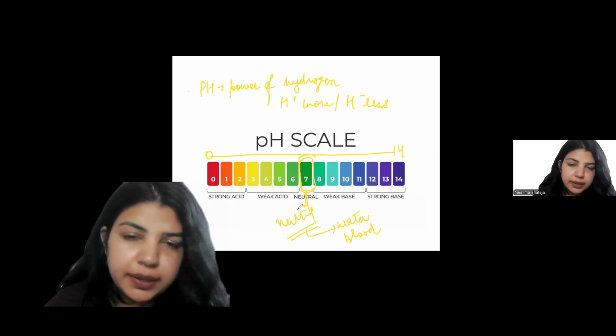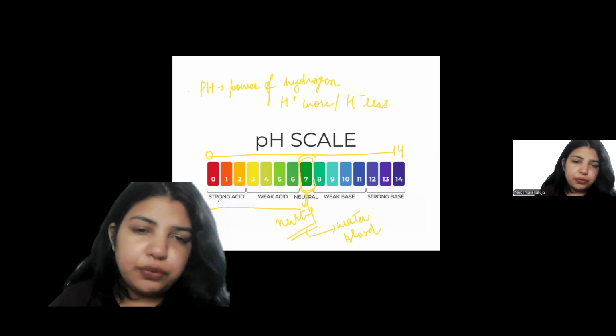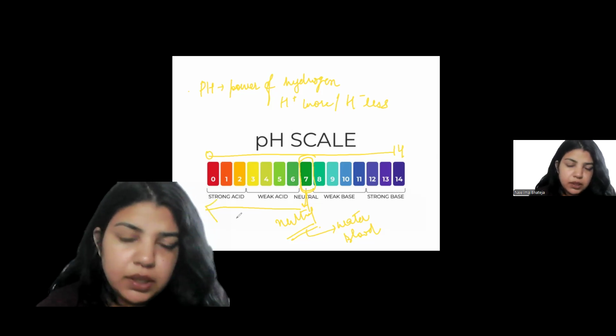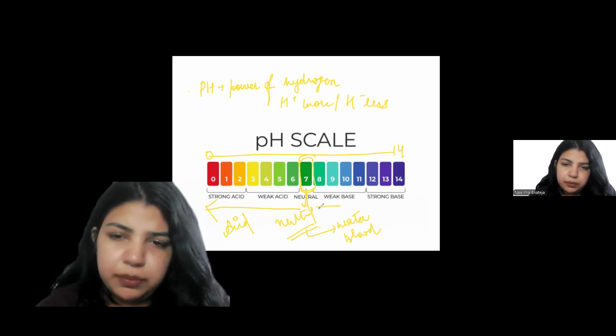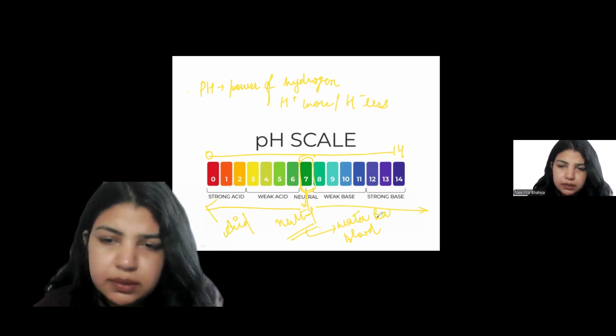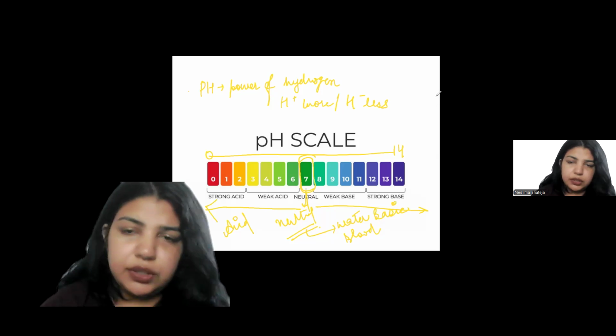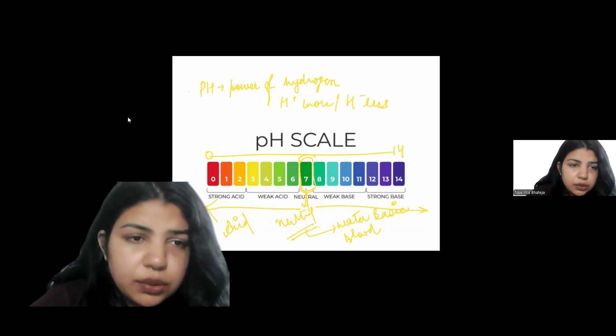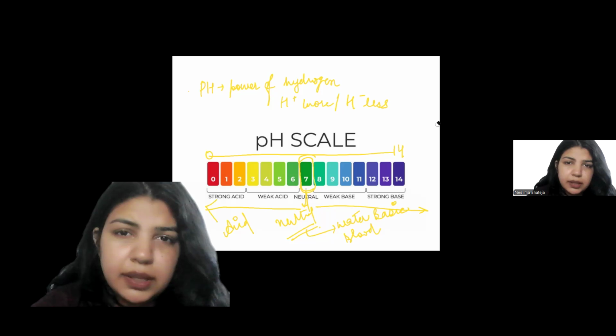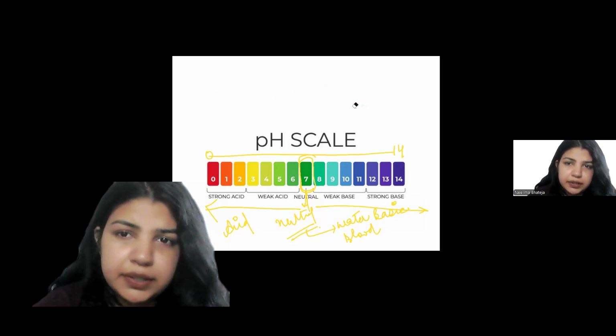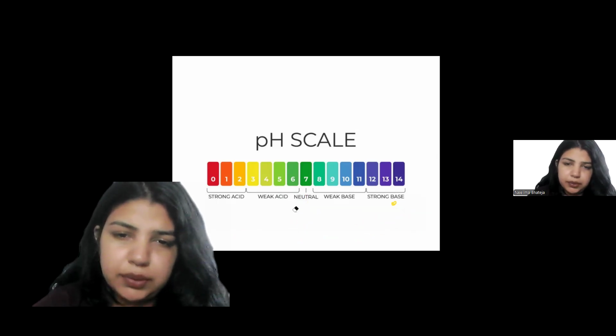One more thing: if we go from 7 to 0, they all will be acidic in nature, and from 7 to 14, they all will be basic in nature. Acidic and basic nature means they have H positive ions in less or more amount.